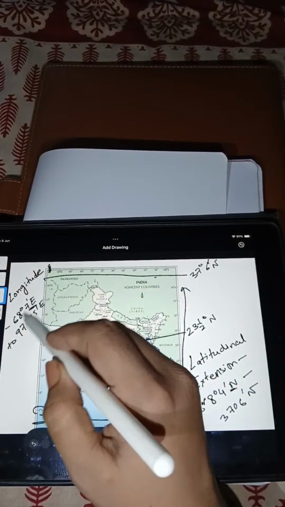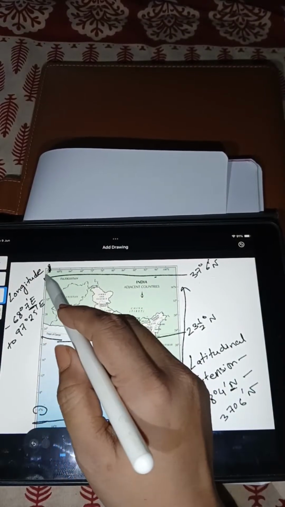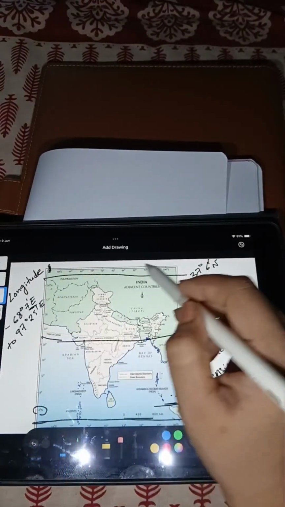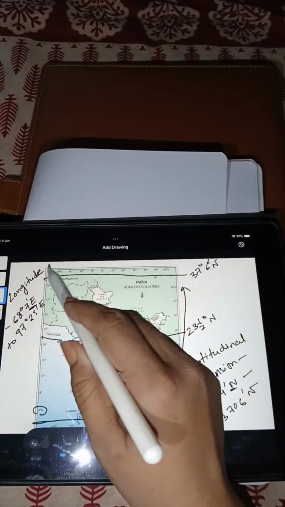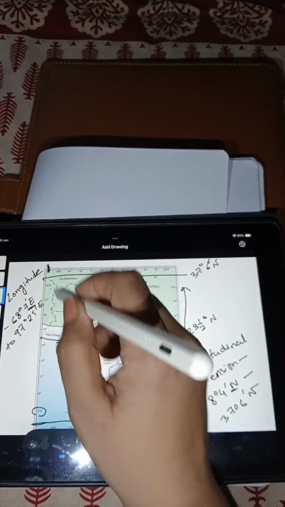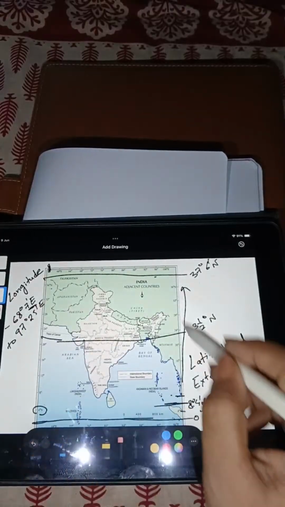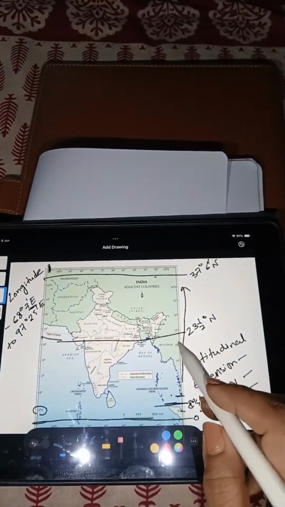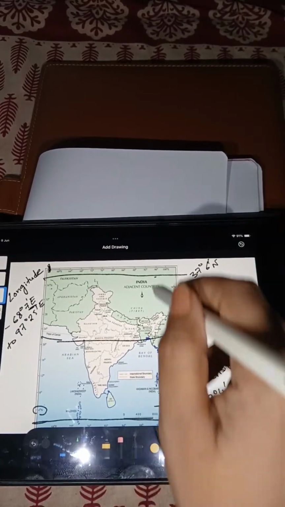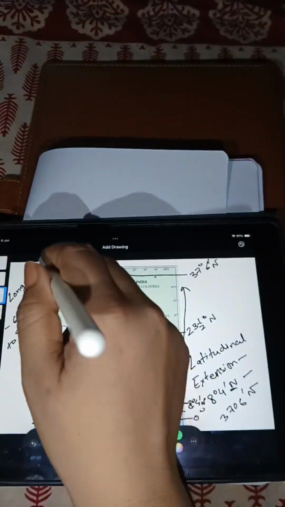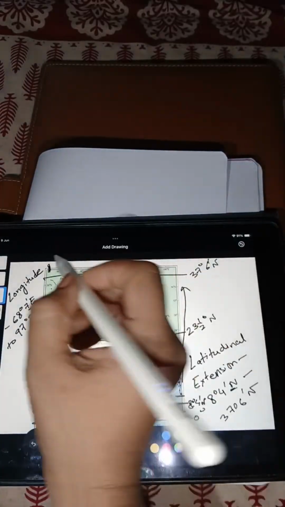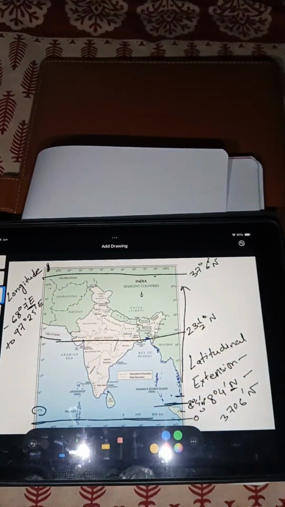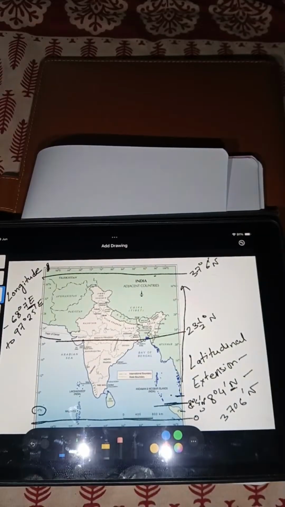So here the longitudinal extension is 68 degree 7 minutes east to 97 degree 25 minutes east. So here also we can get a vast area. So this is the latitudinal and longitudinal extension of India. Latitudinal extension means what latitudes it is covering, and longitudinal extension means what longitudes it is covering. Now the most important thing is, first, India is located.